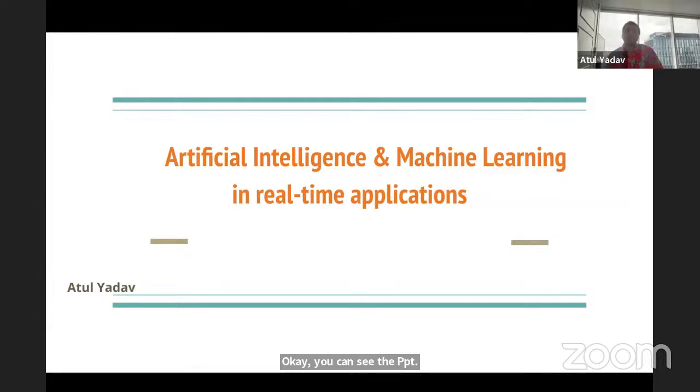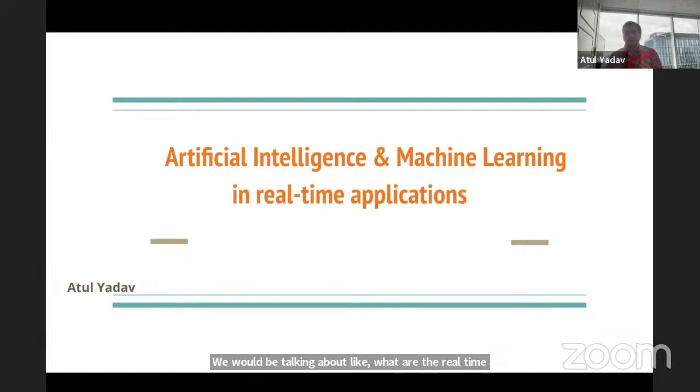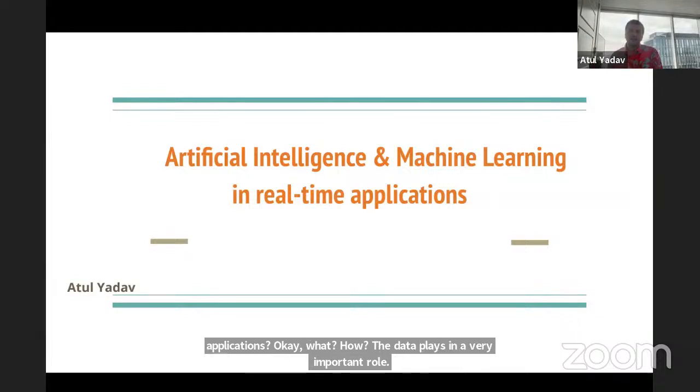Okay, cool. Today we would be discussing artificial intelligence and machine learning: the importance of AI and ML in real-time applications, what the real-time applications are, and how data plays a very important role in developing the right AI and ML models.